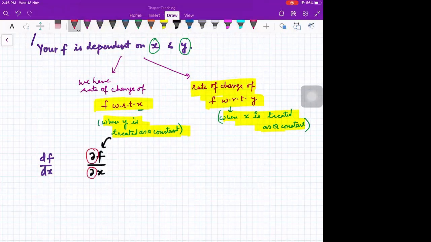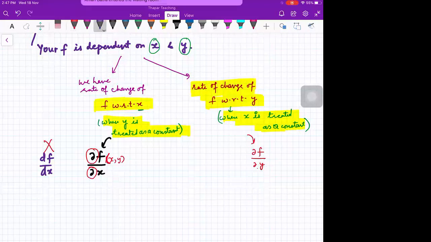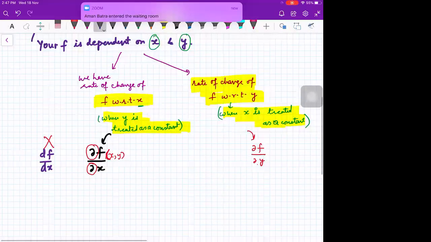Partial means this is just one type of derivative, because the function depends on x and y. So we are considering the rate of change with respect to x, and here you will write curly f by curly y, or partial f by partial y. You will not write df by dx. Is that clear?